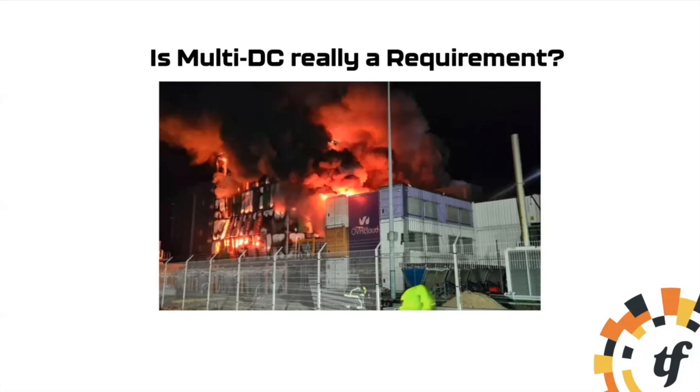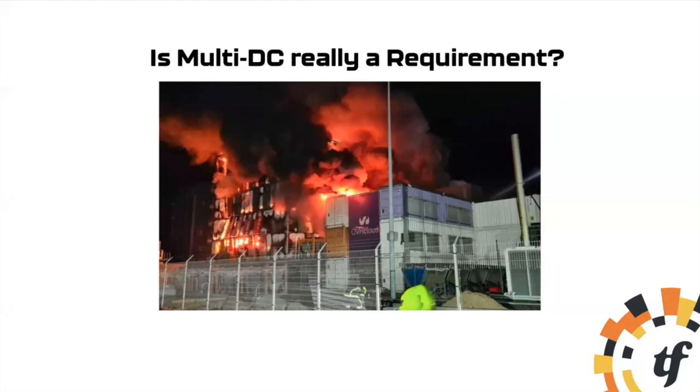This is what happened on the 10th of March this year. A big data center provider in France, called OVH, lost an entire data center. Not just an entire data center, they lost an entire campus. So they lost 3 data centers. This was a big outage.